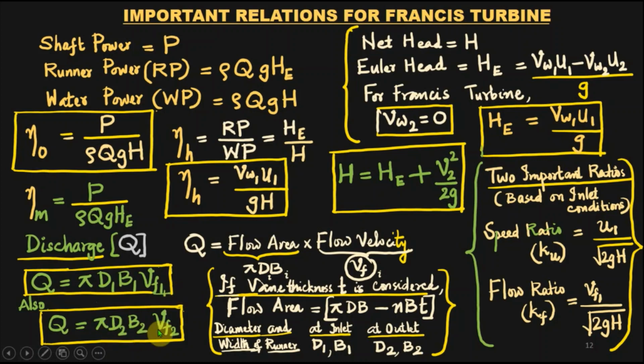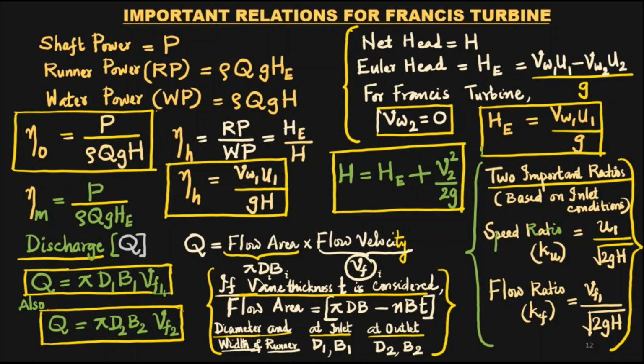or pi d2 B2 Vf2. Remember, B1 and B2 are the breadth or the width of the runner at inlet and outlet respectively. But if you consider the vane thickness, then the flow area is effectively reduced by this vane thickness. So the flow area will be less if you consider the area occupied by the vanes.